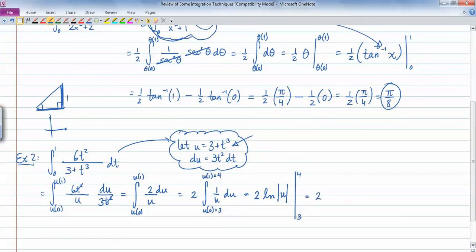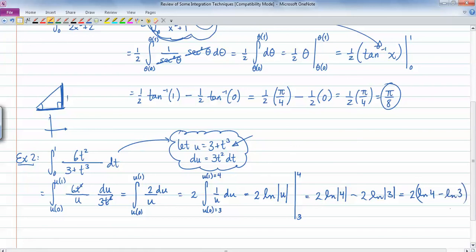So this is going to be 2 ln of absolute value of 4 minus 2 ln absolute value of 3, which ends up being 2 ln. Actually, I can get rid of the absolute values. I can factor out a 2.